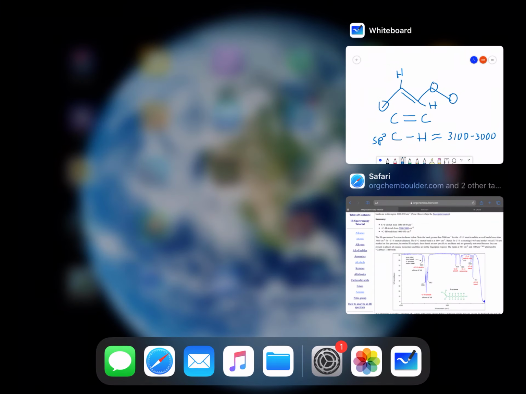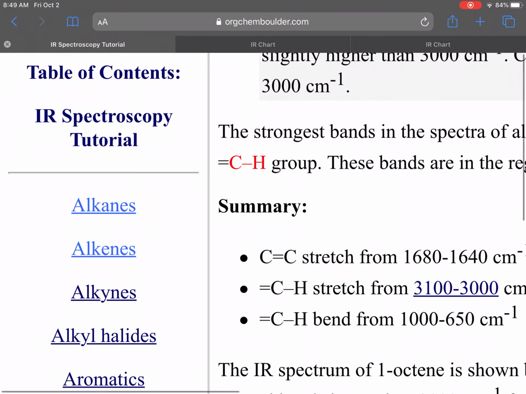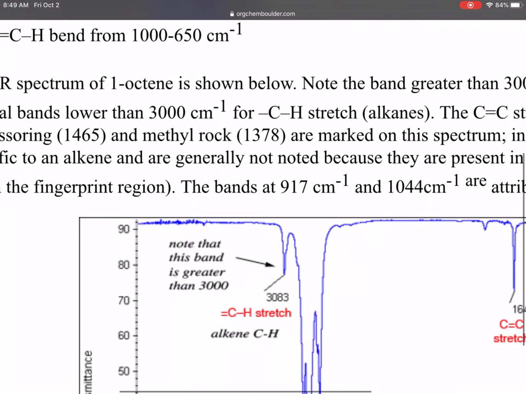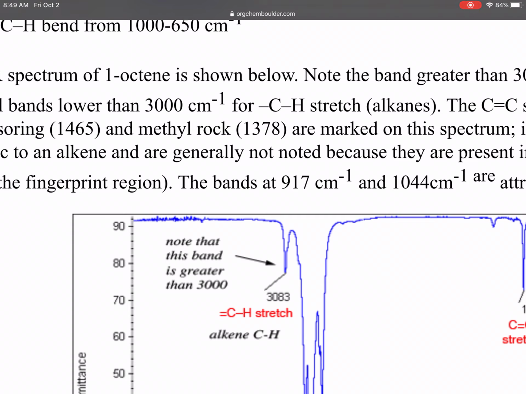So that's one thing to look for with alkenes. You'll notice that in this example, it's fairly weak. I would say the majority of sp2 CH stretches are pretty weak. They're usually very sharp. Occasionally, they'll dip into the moderate range, but not that often.